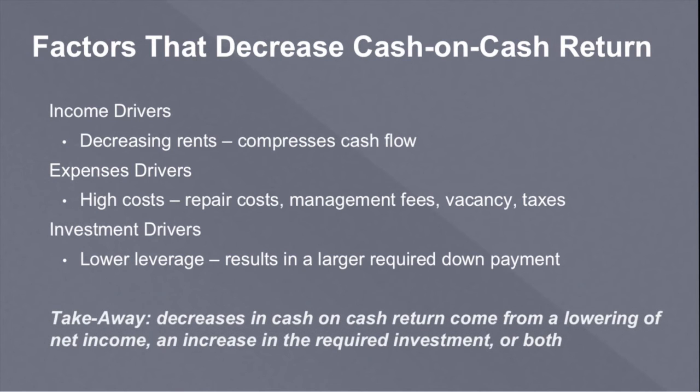So the takeaway here is that we're going to decrease our cash on cash return by lowering net income and increasing the amount required to invest initially, or the ongoing expenses. Okay, so it's really kind of like three elements, right? Income, expenses, but initial investment.